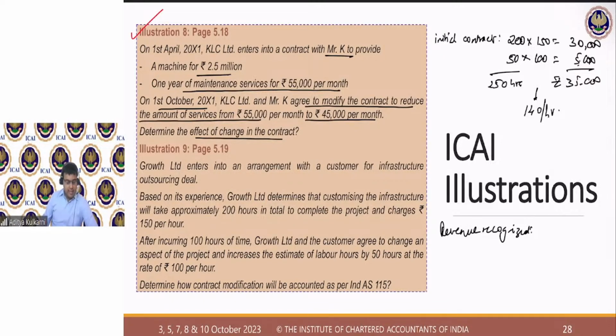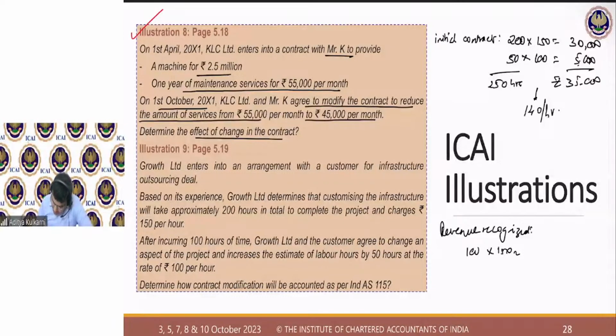Okay, so that is going to be 200, which you have provided, into 150, not 200. What is written? After incurring 100 hours.